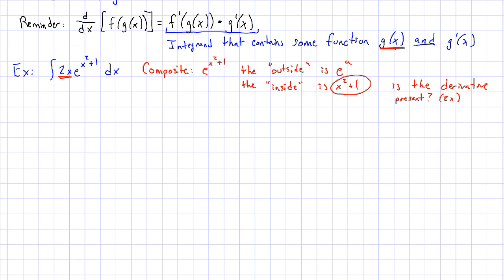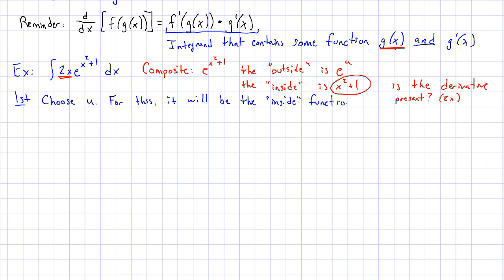I have a 6-step process that I use to take the antiderivative, or the indefinite integral, when using u-substitution. The first thing I do is choose u. In this instance, it will be the inside function.